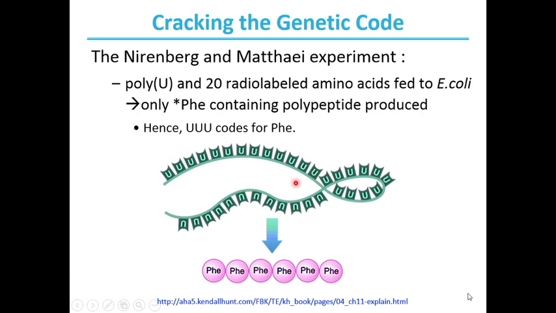And they concluded that the tube containing radioactive phenylalanine resulted in a polypeptide. So a polyphenylalanine polypeptide was formed, and only in that particular tube. So Nirenberg and Matthaei concluded that the triplet codon UUU encodes phenylalanine.